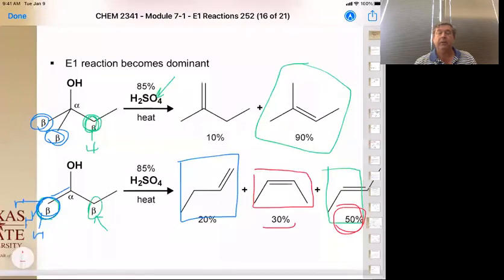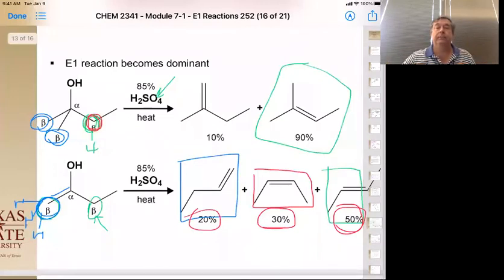The second major product is the second most thermodynamically stable. And the last product is the least thermodynamically stable, okay? So whenever you attack these E1 problems, you want to make sure you're trying to get the higher order hydrogen eliminated first, and that determines your major product. All right, questions on that? So yeah, dehydrating alcohols is much more synthetically useful.